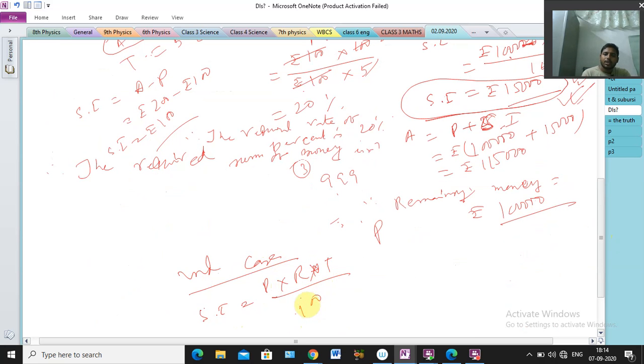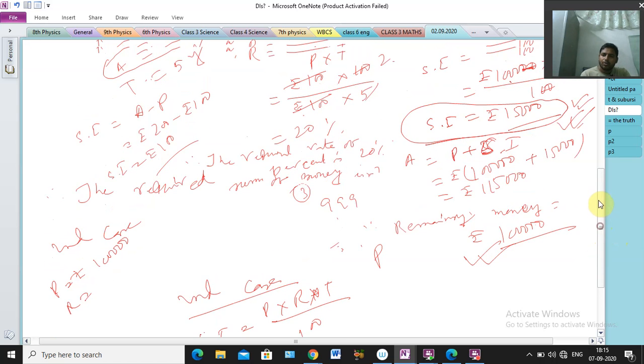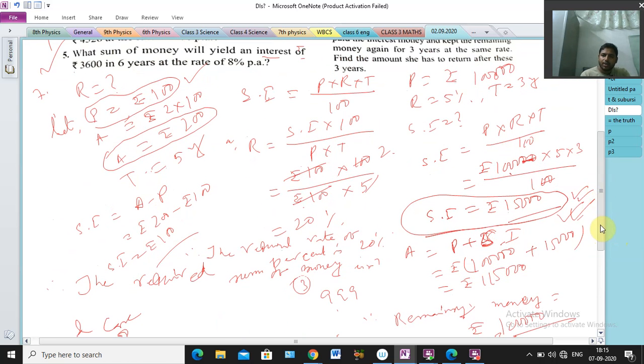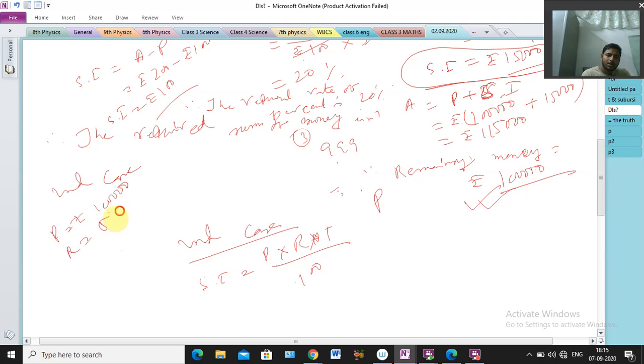Second case principal is rupees 1 lakh, rate of interest 5% and time 3 years.